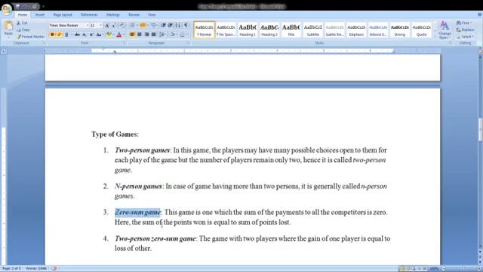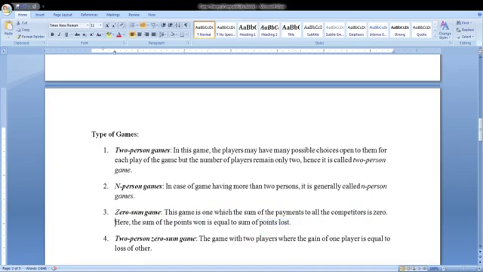Zero-sum game. Now, here it says this game is one in which the sum of payments to all competitors is 0. Means here the sum of points won is equal to the sum of points lost. Means player A has won some points and player B has lost some points.